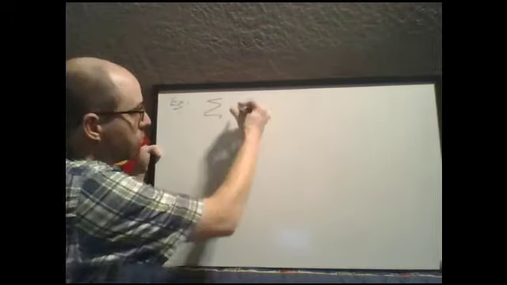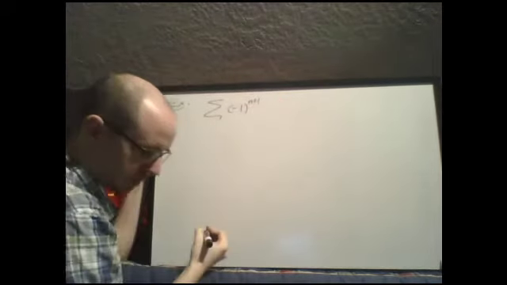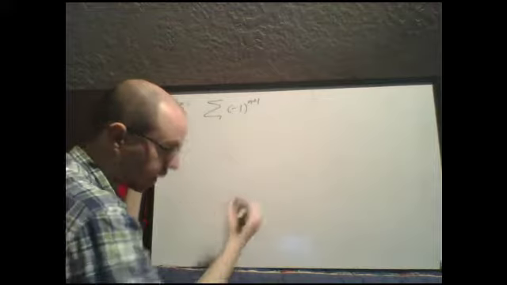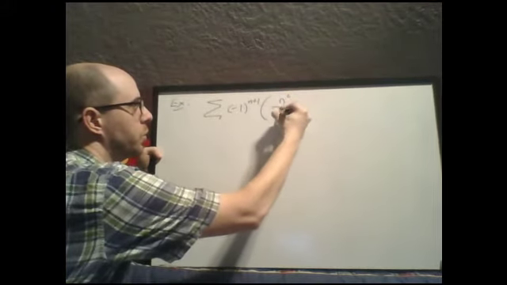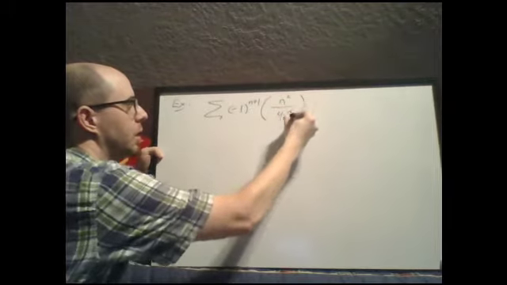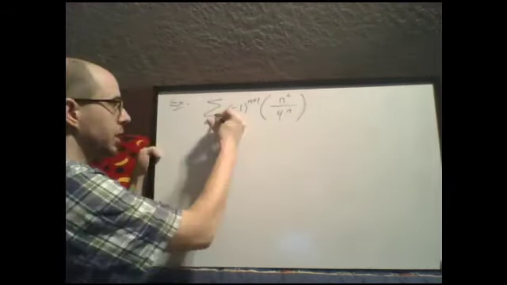Summation of -1 to the n plus first times n squared over 4 to the n, from n equals 1 to infinity, maybe.